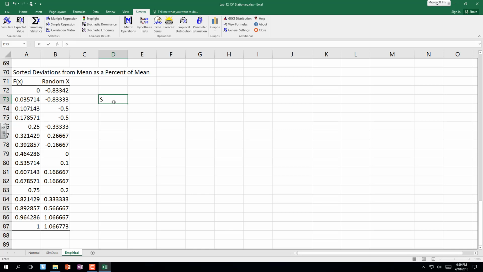Stochastic values. Stochastic value is equal to EMP, left parenthesis, the random x's, comma, the f of x. Okay. And if I would have done a real good job of that, I would have cell locked all of that.